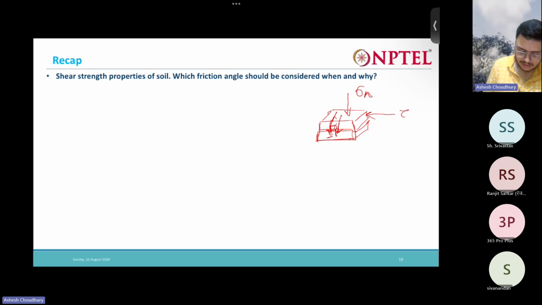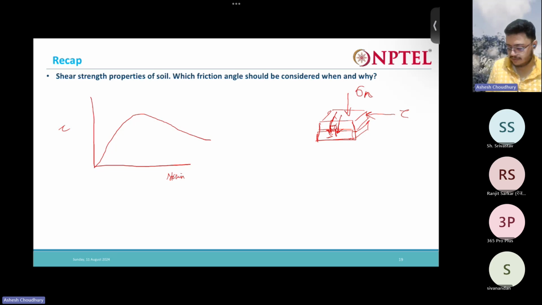If you plot your shear stress versus the strain, you will get something like this, or something like this.